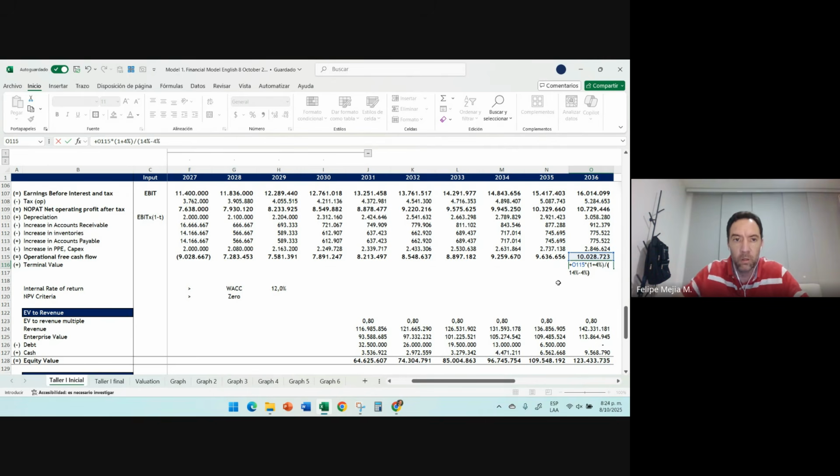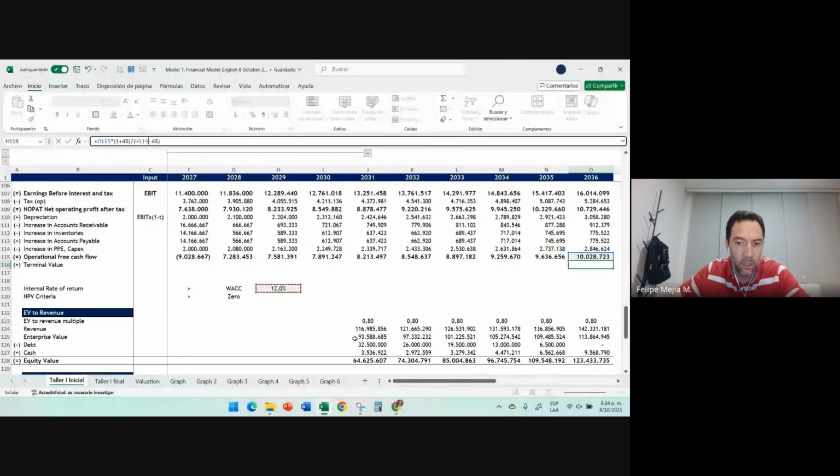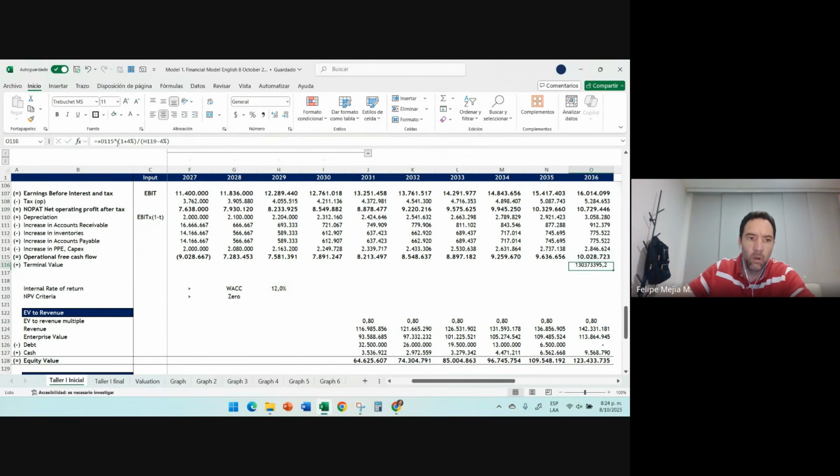In this particular case I'm going to use the WACC, the weighted average cost of capital, because the operational cash flow belongs to both banks and equity holders. And the WACC is the weighted average cost of lenders and equity holders. So we get here the terminal value, the last year's terminal value.